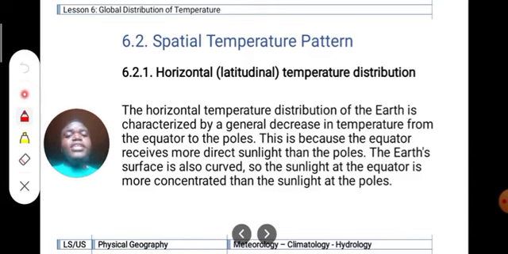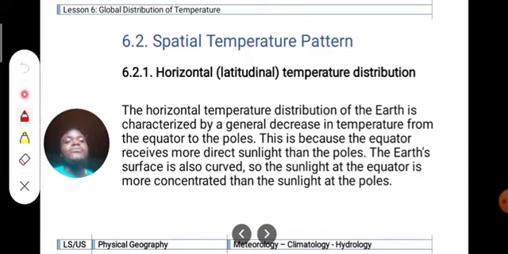It should be noted here that temperatures are not evenly distributed over the Earth's surface. The general tendency we have is that the equatorial regions are hotter than the temperate regions and the polar regions, while the polar regions are the coldest.